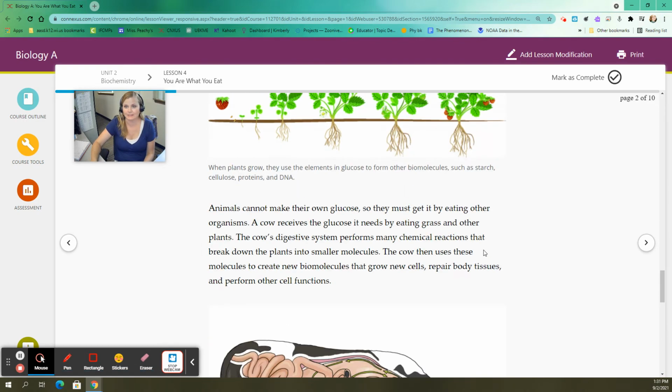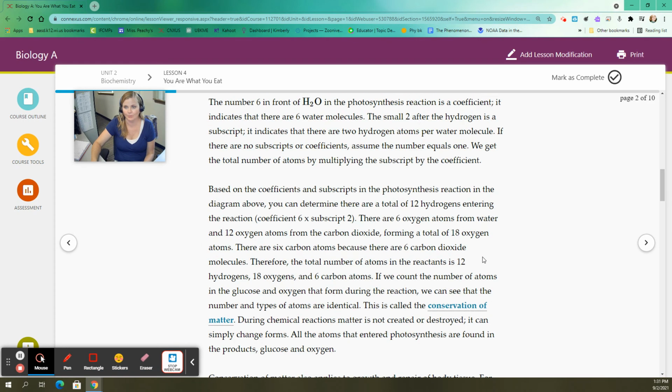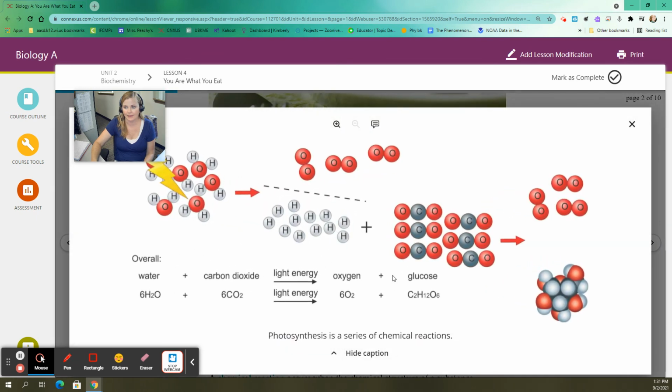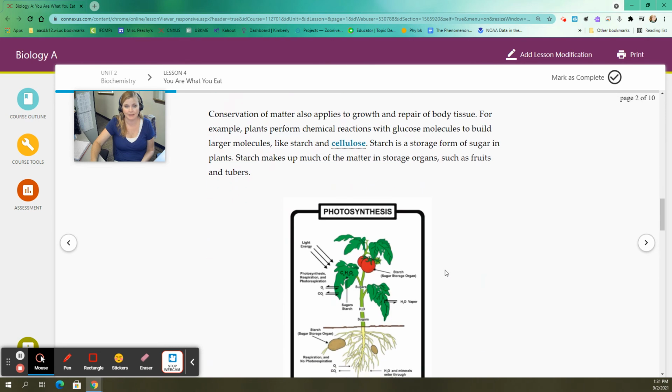So if we go back to this picture, way up here, and we look at our molecule of glucose, each one of these atoms is bonded together by a covalent bond, so they're sharing electrons, and there's energy that's stored in them. Much like if I have a rubber band and I stretch that rubber band, there's potential energy stored in the rubber band, just like there's potential energy stored in the bonds between the electrons in this molecule.